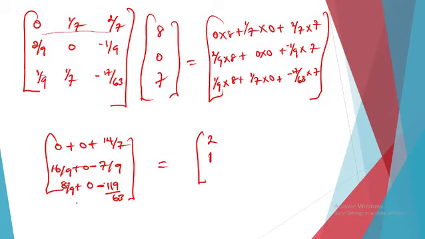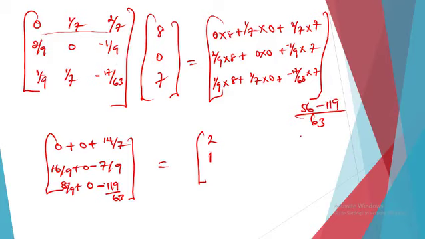We have 8 over 9 minus 119 over 63. So what's the LCM? 63. 9 into 63 is 7, and 7 times 8 will give us what? 56. Is that correct? Minus 119.